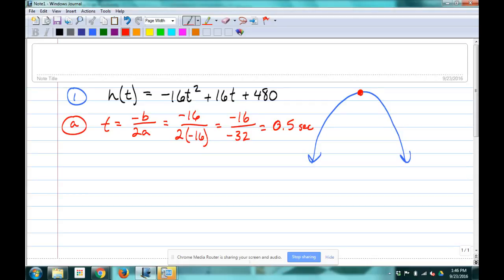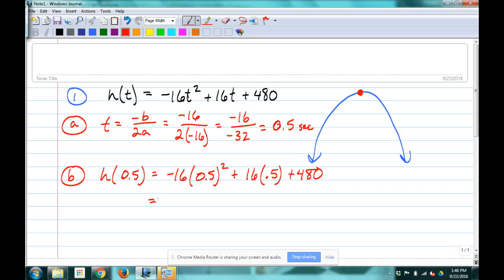Plug it in and work it out. h of 0.5, negative 16 times 0.5 squared, you can use a calculator to work this out, plus 480. If you punch all that in, you get 484 feet, which is pretty impressive that he had a 4-foot vertical.